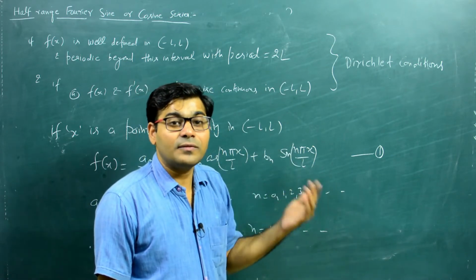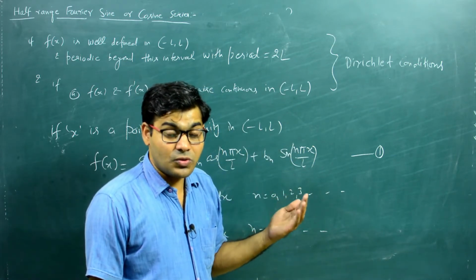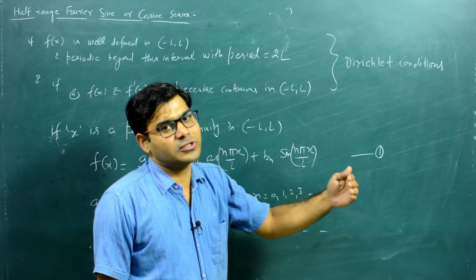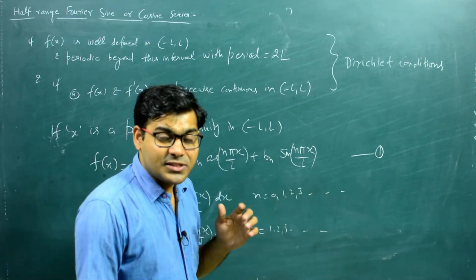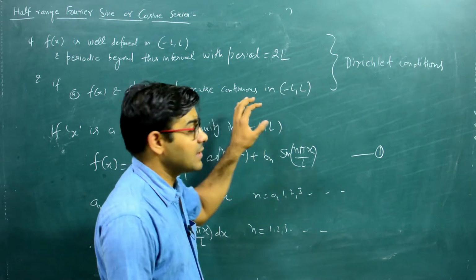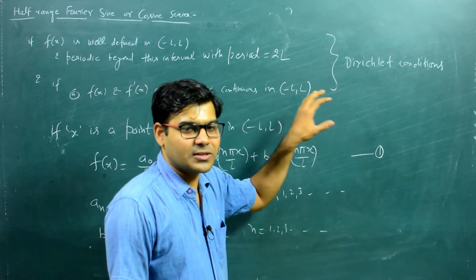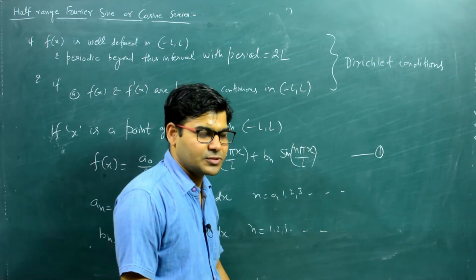That is, the value of the function f(x) and f'(x) should not become infinite at the boundaries of those subintervals. If these conditions are satisfied, then these functions f(x) and f'(x) will be called piecewise continuous functions in the given interval -L to L.